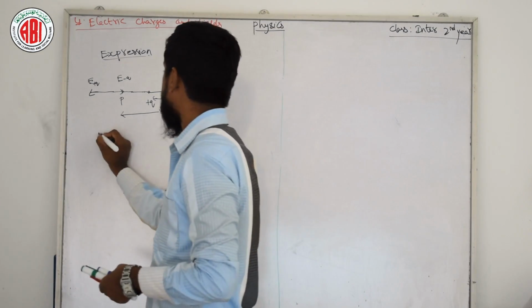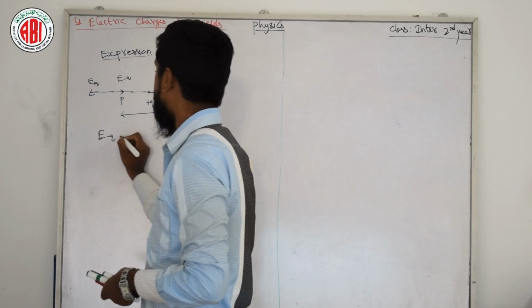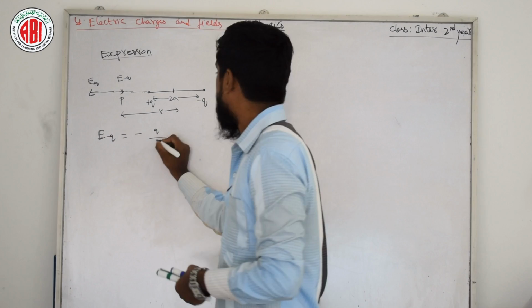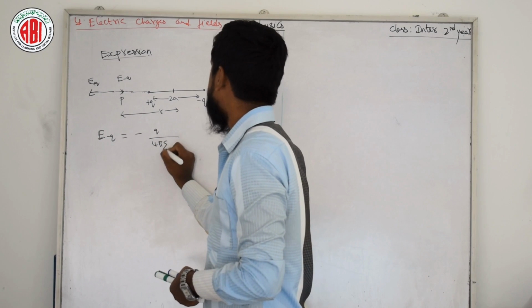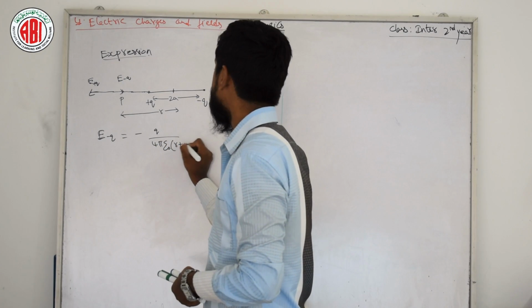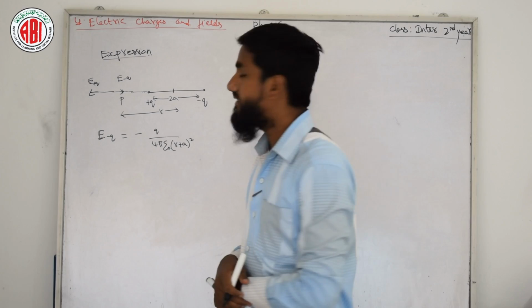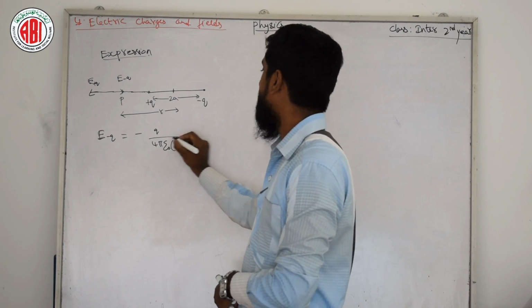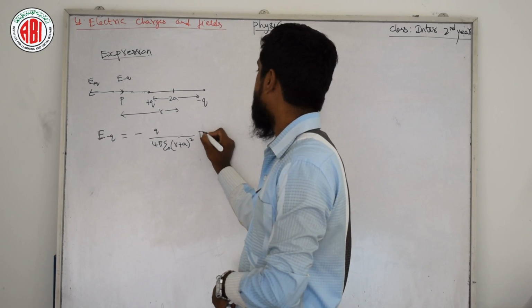I am going to write here E minus Q equals minus Q by 4 pi epsilon naught times (r plus a) whole square. From where we got this, here we are considering one point, it will be P cap.